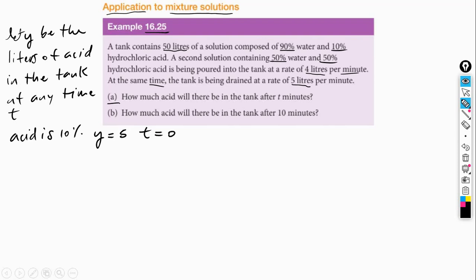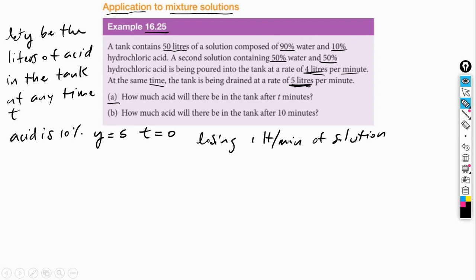Then we know the tank is losing 1 liter per minute of solution. Why? Well, because it's being drained at 5 liters per minute, but the other solution is being poured at 4 liters per minute. So it's losing 1 liter per minute of solution.